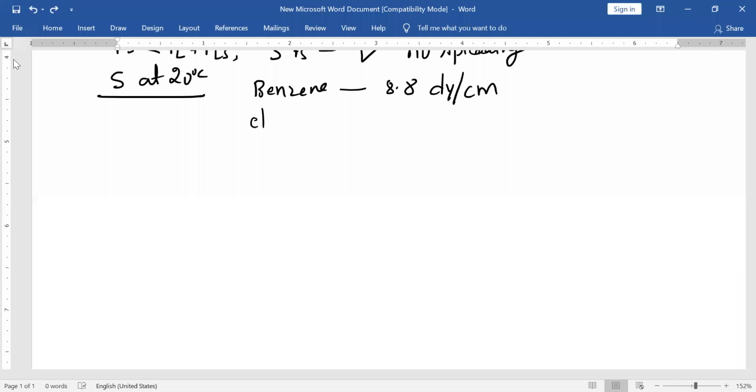Next topic is adsorption at liquid interface.